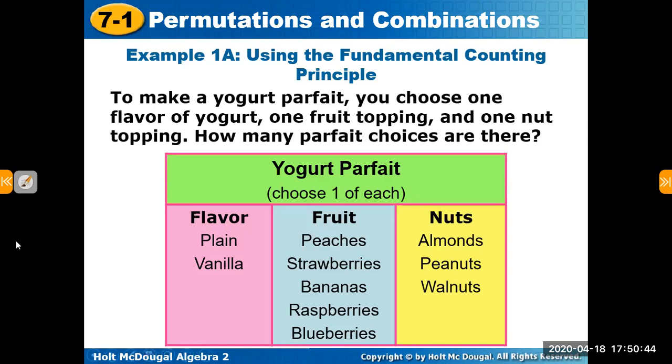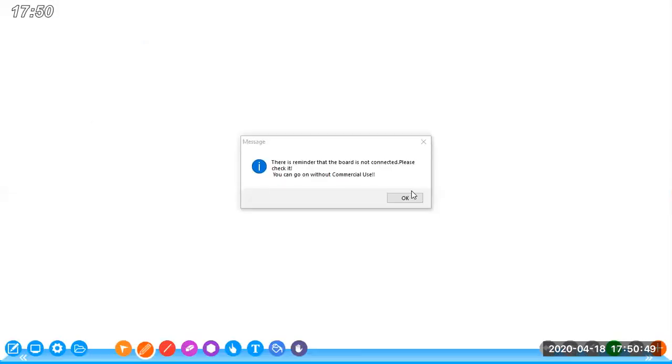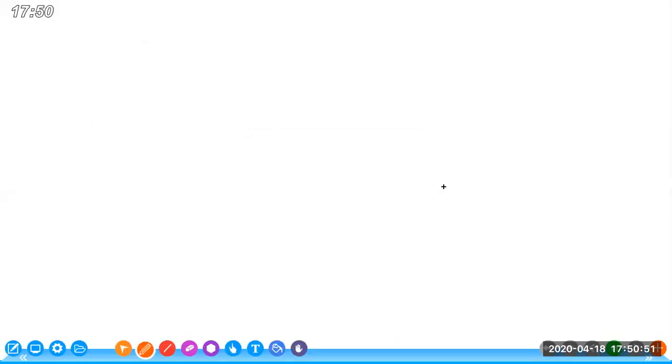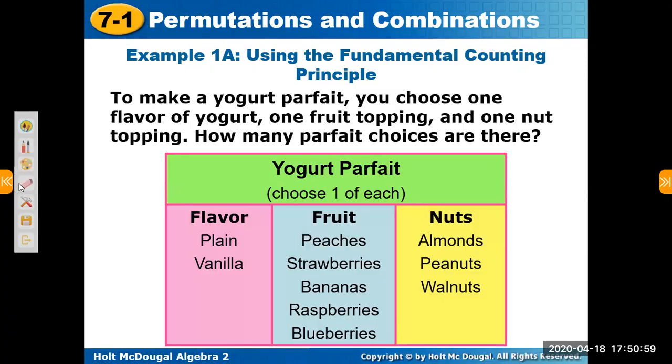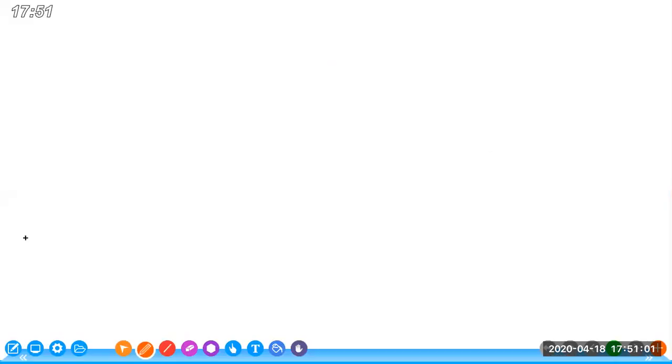Generally speaking, we'll start if we use the tree diagrams. So we have 2 yogurt flavors, which are plain and vanilla. So we have a plain yogurt flavor and a vanilla yogurt flavor.